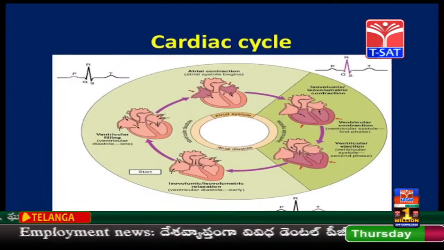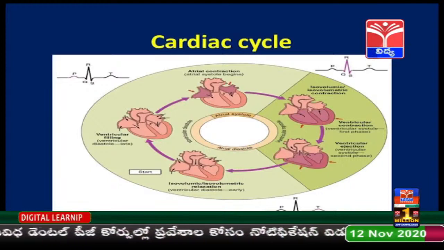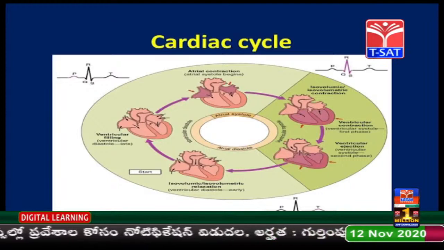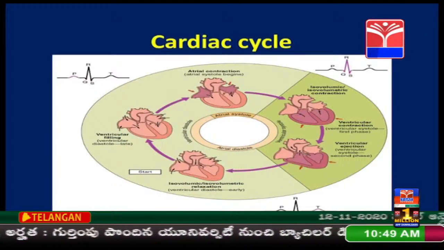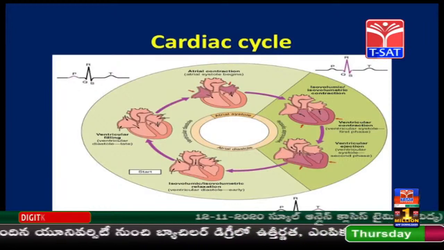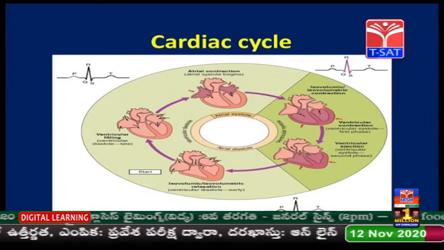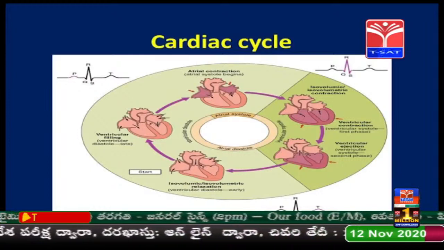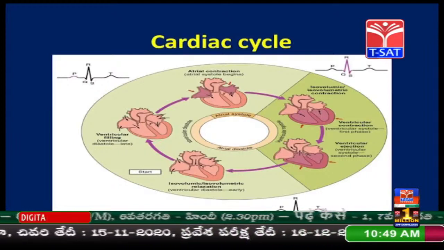The cardiac cycle is defined as a sequence of alternating contraction and relaxation of the atria and ventricles in order to pump the blood throughout the body. The phase of contraction is called systole and the phase of relaxation is called diastole. It starts at the beginning of one heartbeat and ends at the beginning of another.